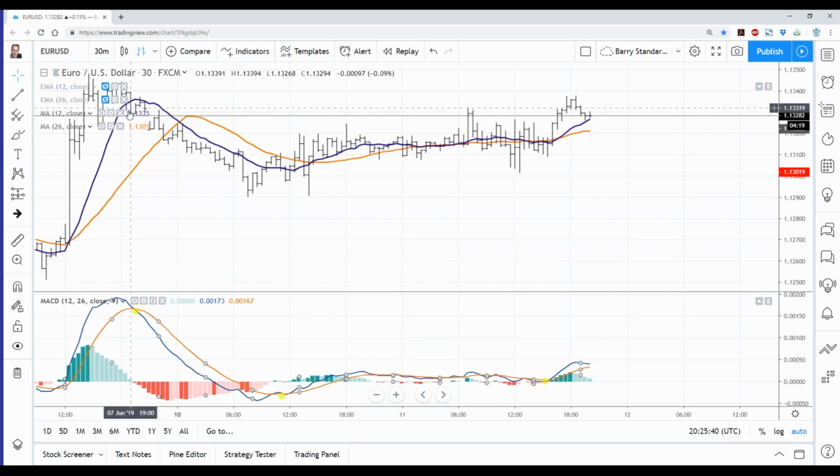We have the 26 period move, the 12 period moving average rising way above the 26, but at a slightly different pace, because we got the crossover or the buy signal here on our MACD line. We didn't get the buy signal until here on the moving average, because the MACD removes the lag time. It gives us a little bit more predictability.